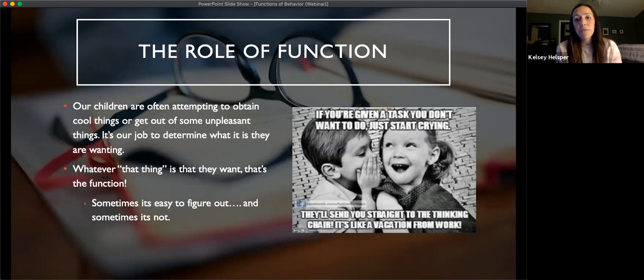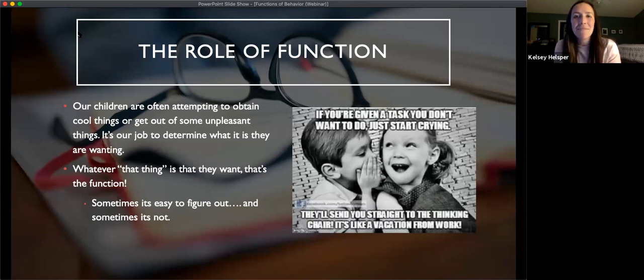But like we realized in some of these examples that you guys provided, sometimes it's easy to figure out and sometimes it's really not. So that is why it is so important to write those things down and to be able to identify the things in writing that maybe in the moment you can't really see. And then I just liked this little visual. So if you're given a task you don't want to do, just start crying. They'll send you straight to the thinking chair.